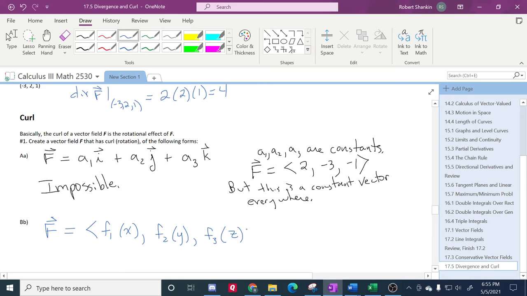It could also have constants, like plus 5 or something like this. The first function is just a function of x. Second function, it's just a function of y. Third function is just a function of z. Create a vector field with rotational effect that has this format.